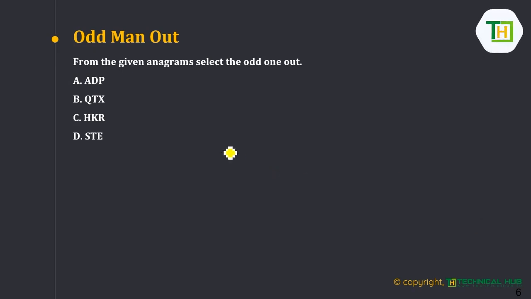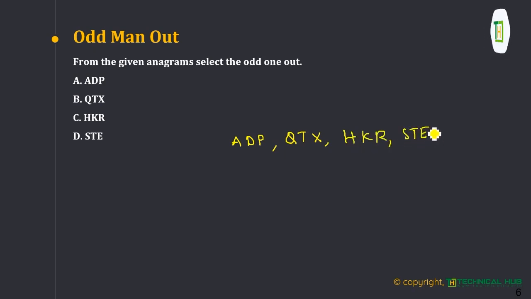So let's see ADP, QTX, HKR, STE. How many letters gap is there? There are 2 letters in between A and D. In between D and P, this is 4 and this is 16, so I have 11 letters in between them. If you observe QT, again 2 letters are there in between Q and T, and in between T and X I have only 3 letters.